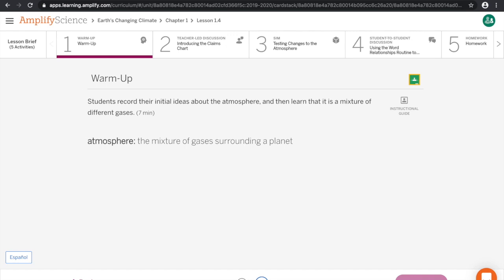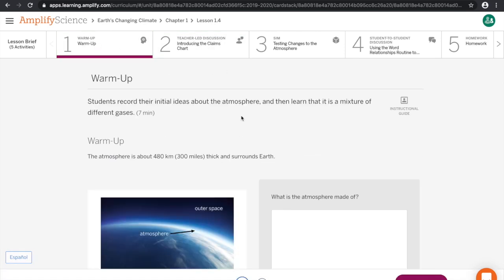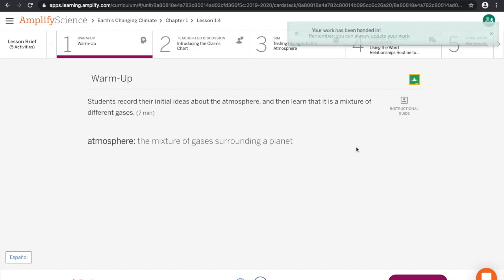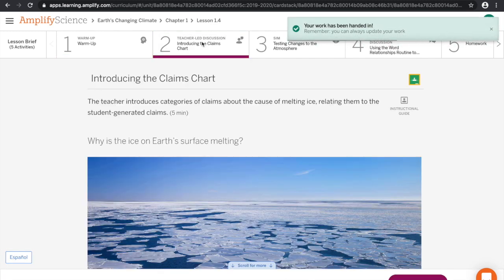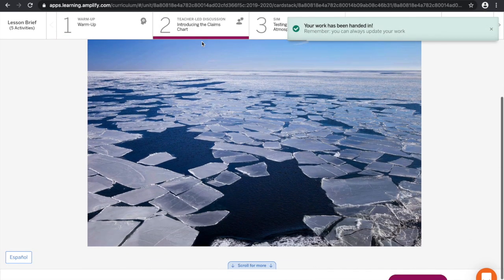It's the mixture of gases surrounding the planet. Now we're going to look again, like I said, in the simulator for what types of gases and how these things react to the sun's absorption. So once you press your answer, make sure you click Save and Continue, hand in, and then we should go on to the introducing claims chart.